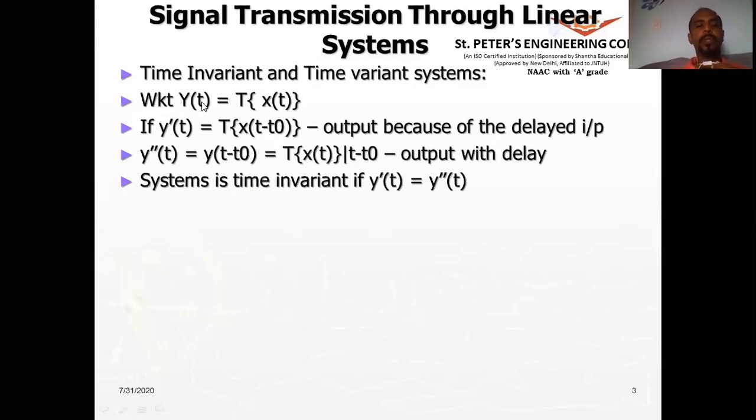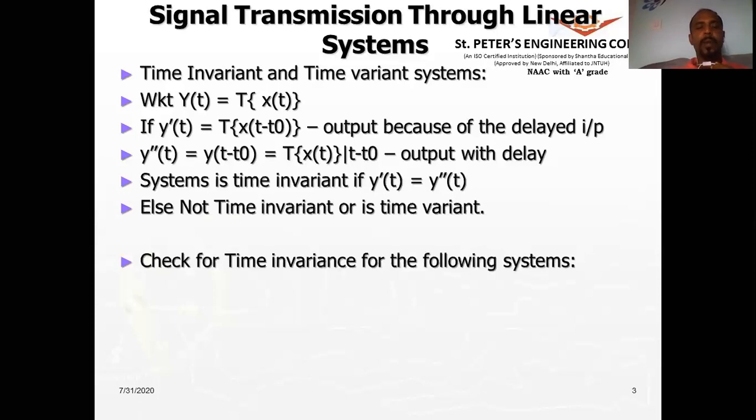In that equation, wherever you find t, the small t, not the capital T, you simply replace small t with t minus t naught, and then you obtain y double dash of t. So both should be equal, y dash of t and y double dash of t. If they are not equal, then the system varies with time. If they are equal, the system does not vary with time and it is time invariant. Okay, I hope the point is clear.